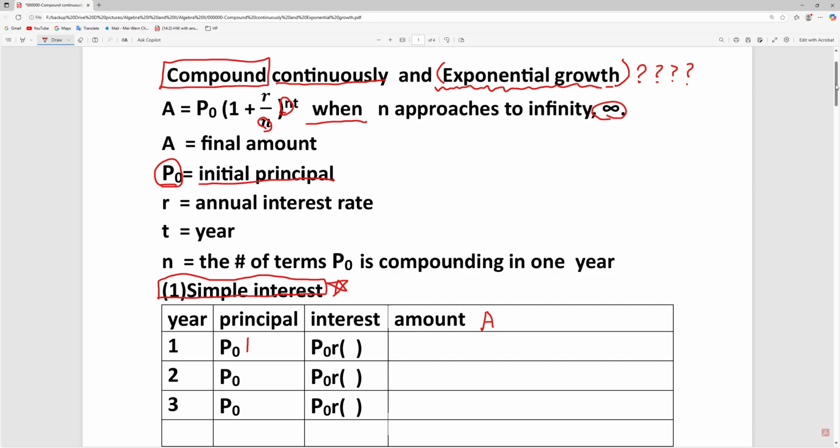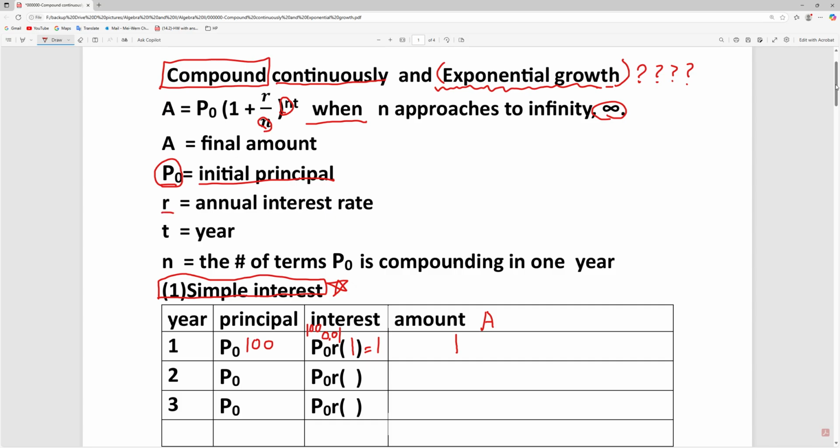So say if you deposit $100 and the annual rate, say if it's 0.01, for example, and you put your money on the bank for 1 year, then in the end of the first year, you are going to earn 100 times 0.01 and you put it in 1 year, which is $1. So your interest will be $1.